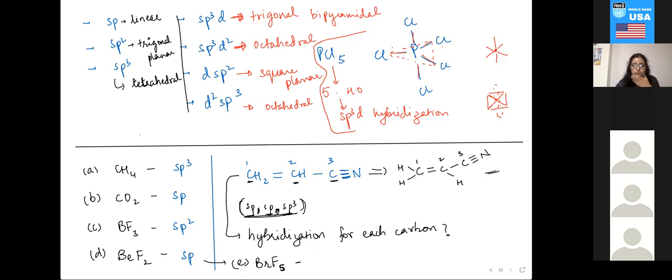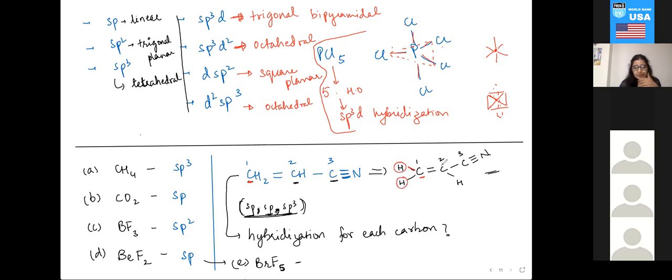Okay, so Ritu, take it one carbon at a time. Look at the first carbon in the expanded form. How many other things is this carbon bonded to? 2 hydrogens and 1 carbon.